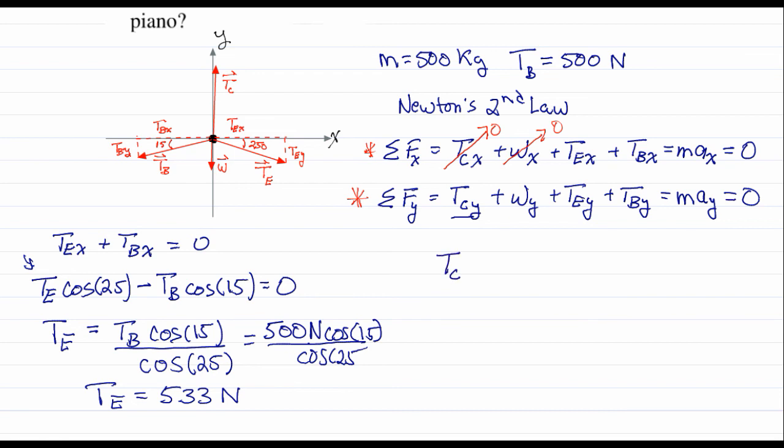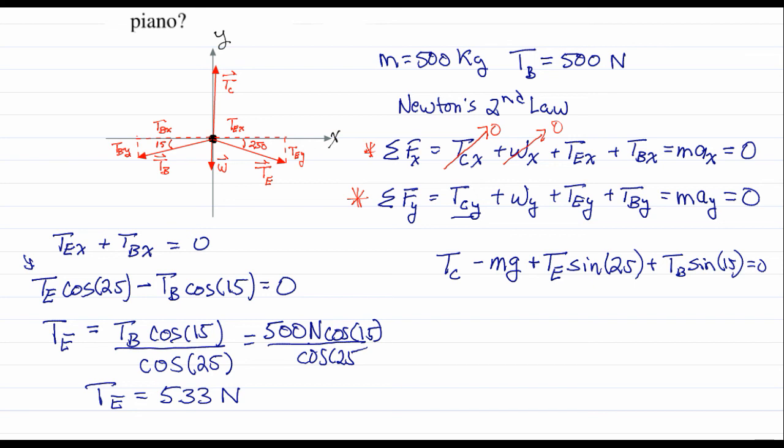The y component of weight is just the weight itself, and it has a negative y component, so that's mass times the acceleration due to gravity, plus the y component of Ellen's force, which is the magnitude of Ellen's force times sine of 25, and the y component of Bob's force, which is TB sine 15, and this equals 0.